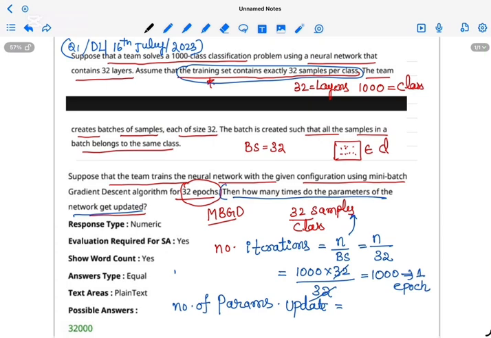For one epoch there are 1000 updates. For 32 epochs, it is 32 times 1000, that is 32,000 updates. This is the answer for this question.